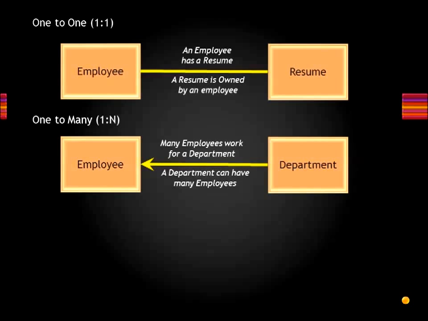In general, one-to-many relationship happens when for each record in one table, you have multiple records in the other table. In this example, each employee works for one and only one department, but each department can have multiple employees. So there is a one-to-many relationship between employee and department tables.